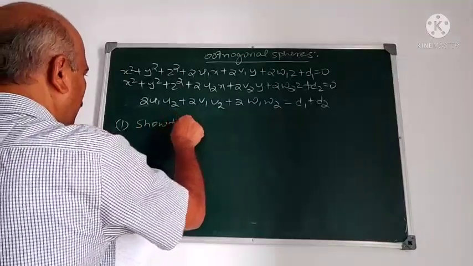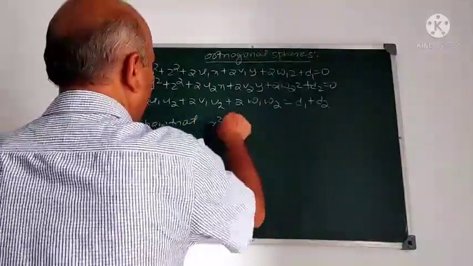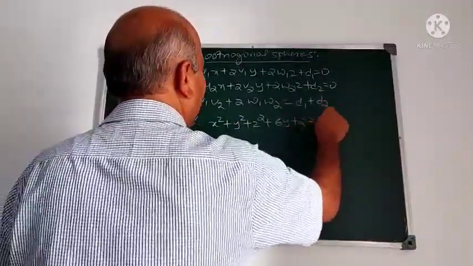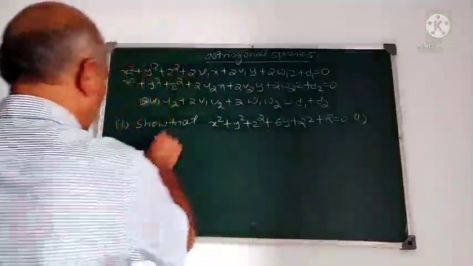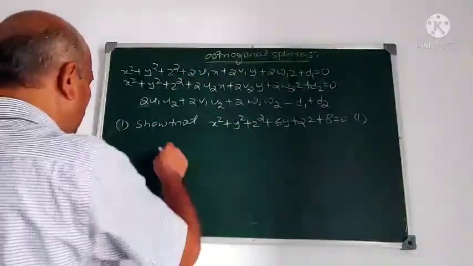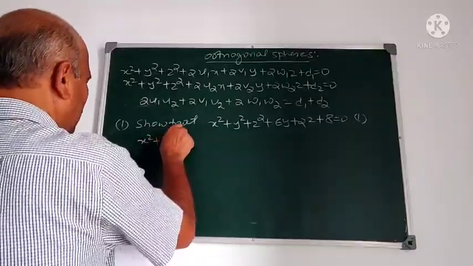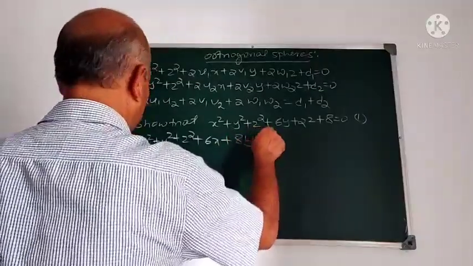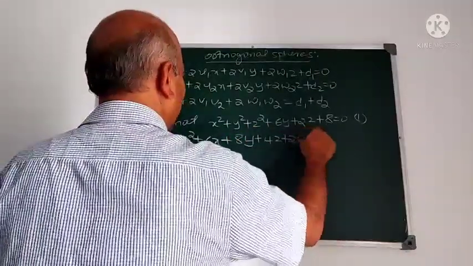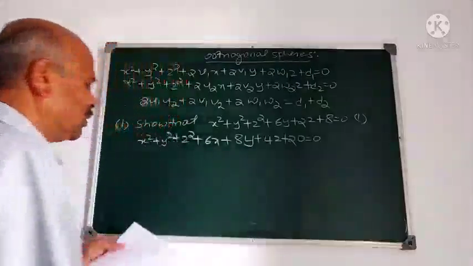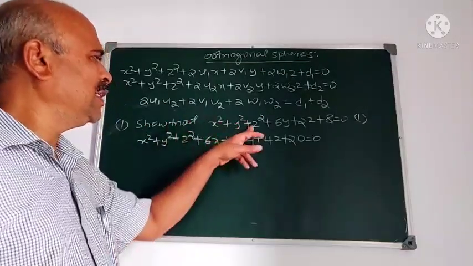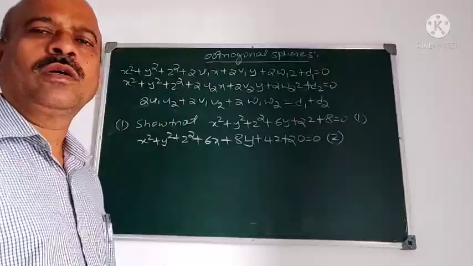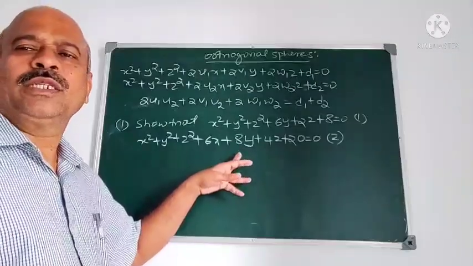Show that the spheres x² + y² + z² + 6y + 2z + 8 = 0 and x² + y² + z² + 6x + 8y + 4z + 20 = 0 intersect orthogonally, or show that the two spheres are orthogonal. For 2 marks, you can expect this type of problem.